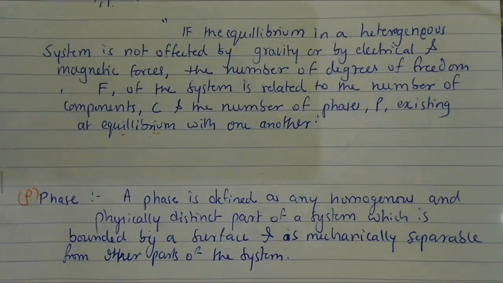So solid is one phase and water, the liquid, is the other phase. Here the system has two phases. We know that water can be converted into ice, or ice can be converted into liquid, so it can be in equilibrium. So this will be a two phase system.